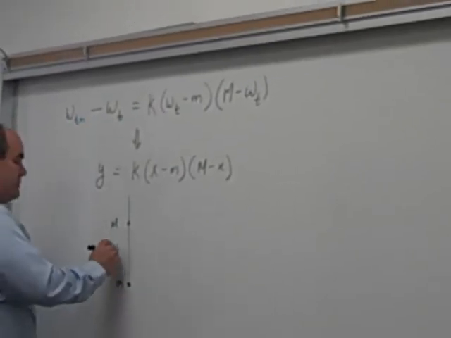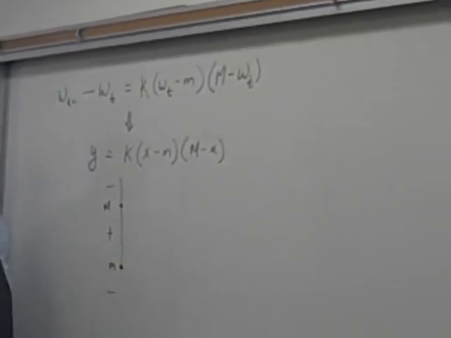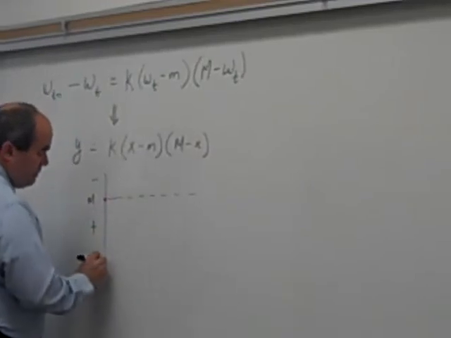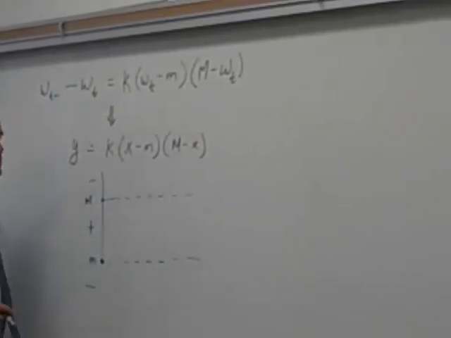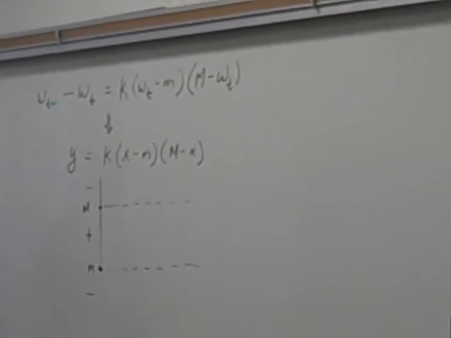Positive. Up here it's negative, down here it's negative. So we know these are our equilibria. That's where our change is equal to 0 because y represents the change in the population.